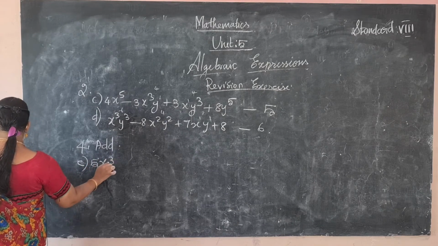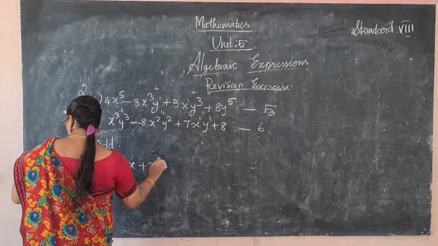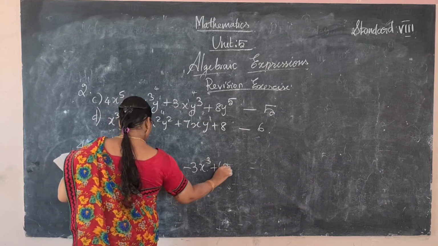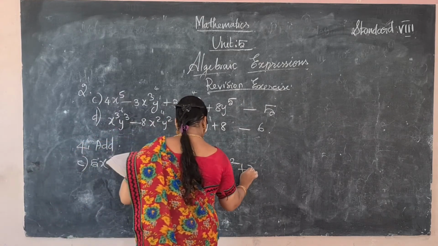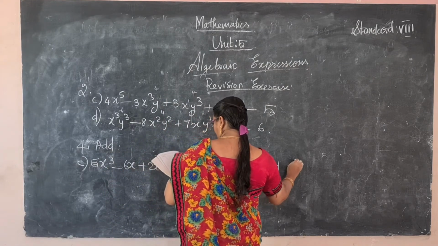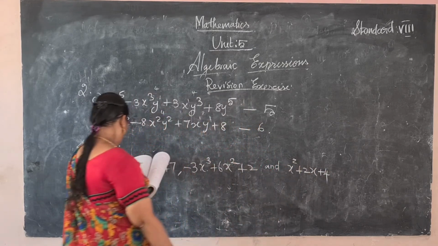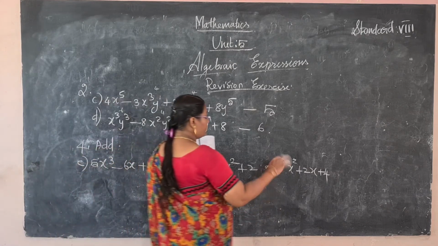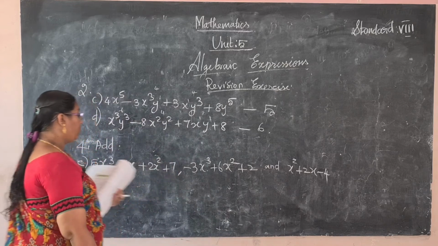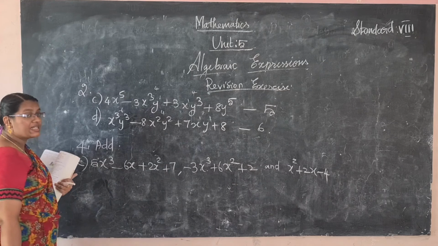5x^3 minus 6x plus 2x^2 plus 7, minus 3x^3 plus 6x^2 plus 2, and x^2 plus 2x minus 4. Any one of the methods we have followed; I am using the horizontal method.